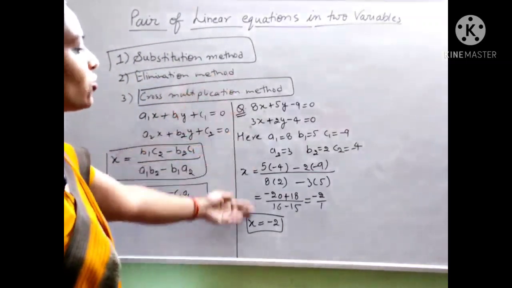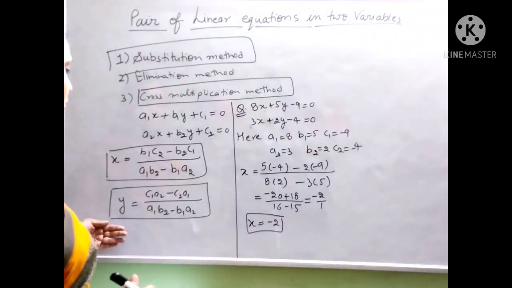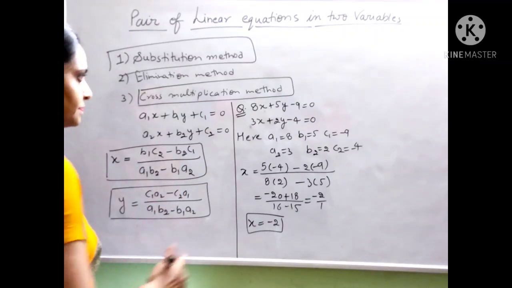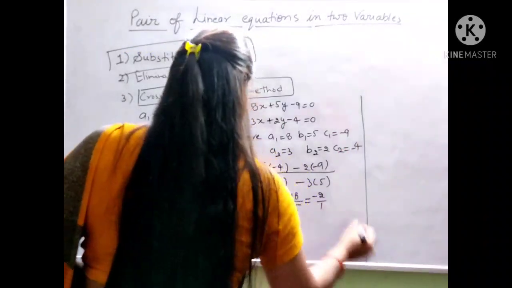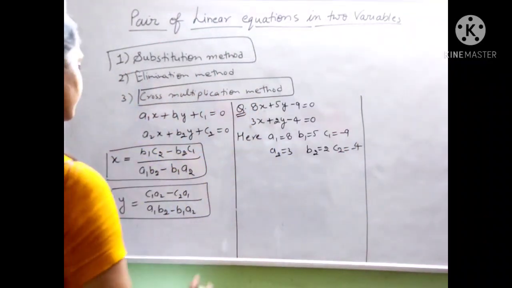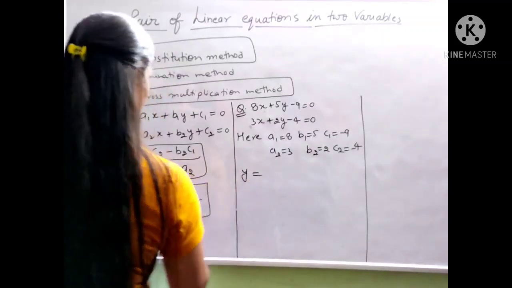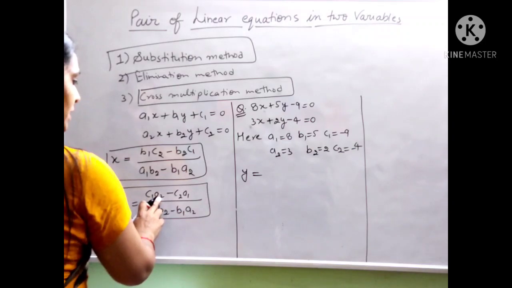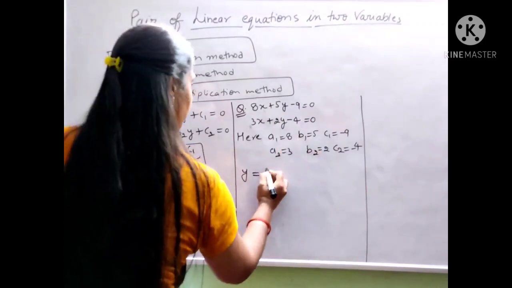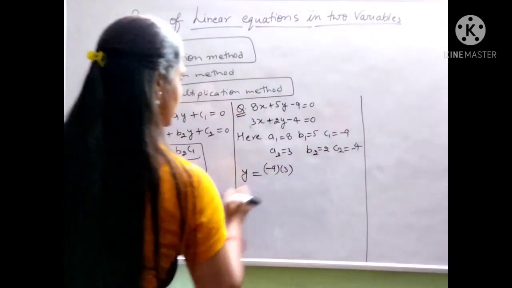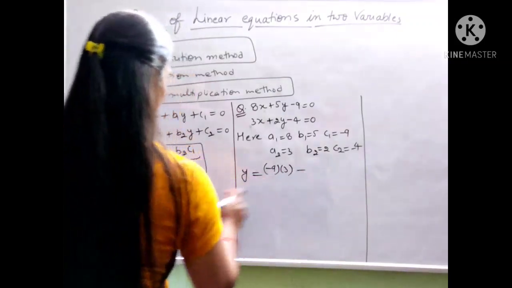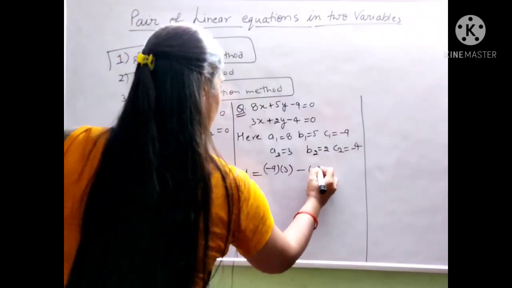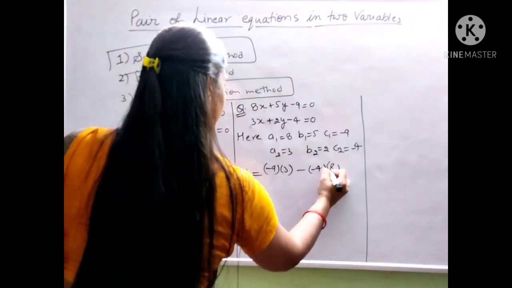So in this way you can also compute the value of y by putting in the values of these constants. For y, we have to find C1 multiplied by A2. Here C1 is minus 9, A2 is 3. Put the minus sign. The value of C2 is minus 4, A1 is 8.